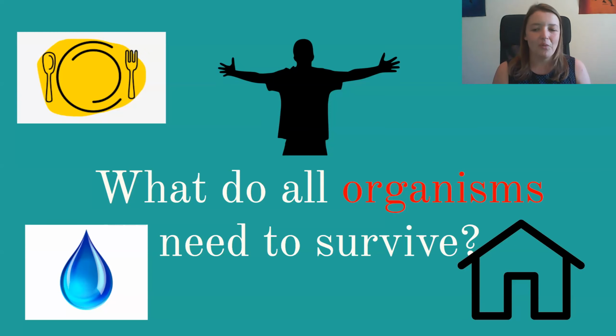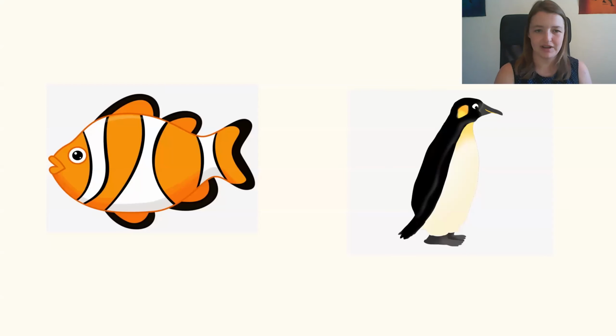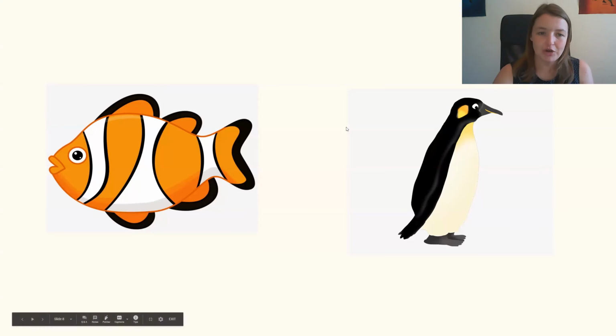So what does a habitat need to do to help an organism survive? Have a look at these two animals. Would they live in the same habitat, the same place that they would live in? Do you think they'd be in the same place? No, of course not, because a fish would live in a habitat where there was lots of water.